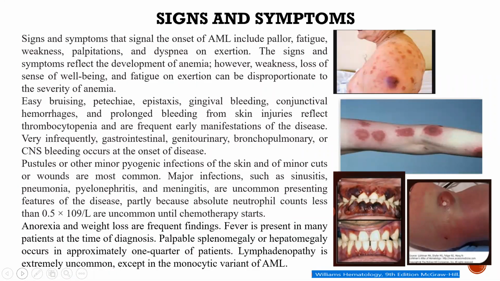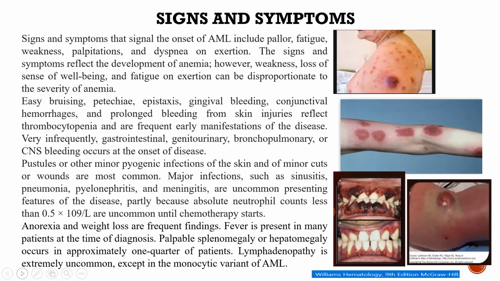Signs and symptoms that signal the onset of acute myeloid leukemia include pallor, fatigue, weakness, palpitation, and dyspnea on exertion. The signs and symptoms reflect the development of anemia. However, weakness, loss of sense of well-being, and fatigue on exertion can be disproportionate to the severity of anemia.